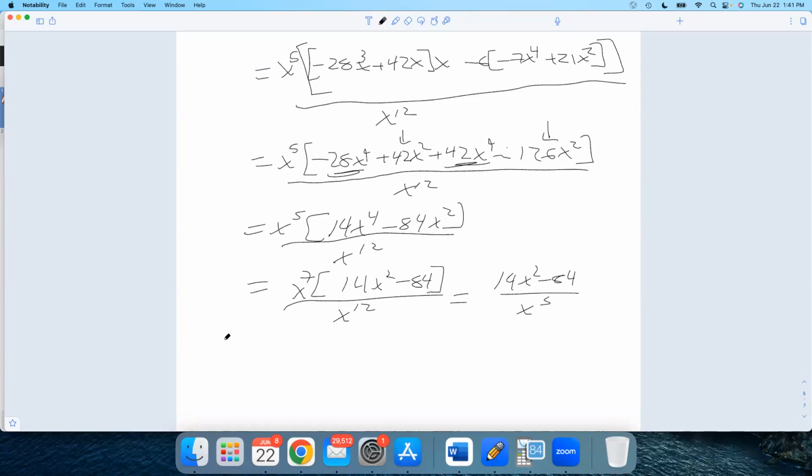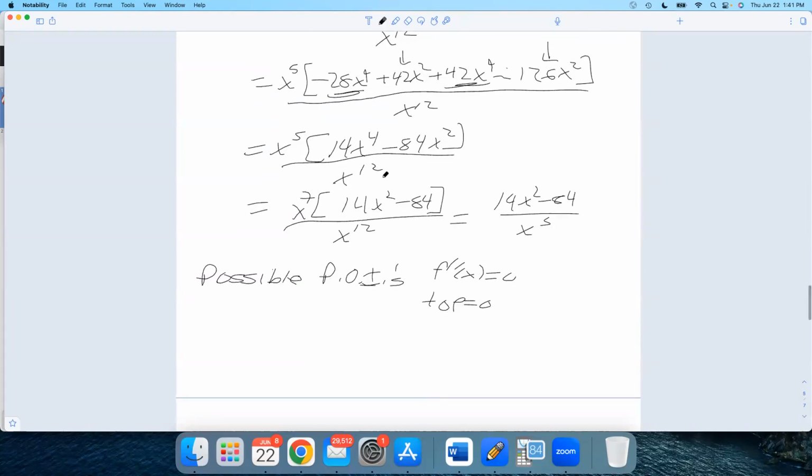Okay, so possible inflection points, possible points of inflection, POIs, are when the second derivative equals 0. That's when the top equals 0. But when I do my number line, I need to include every place the second derivative either equals 0 or does not exist.